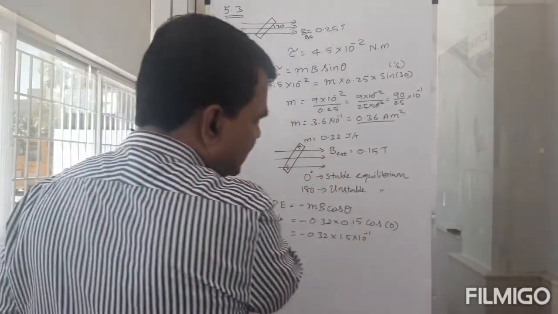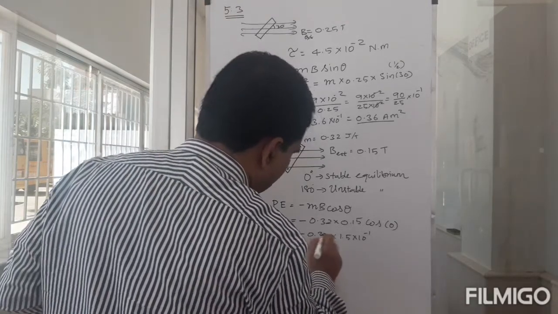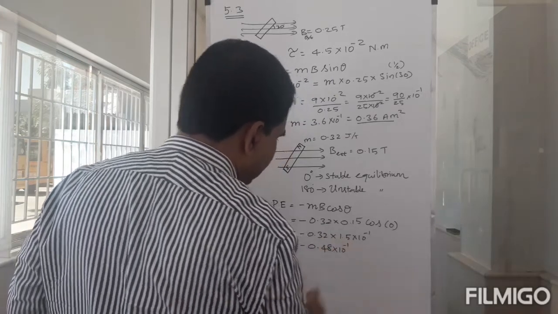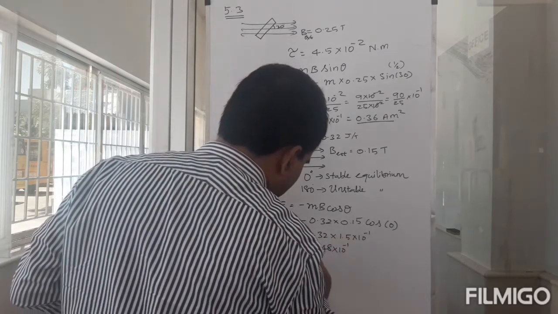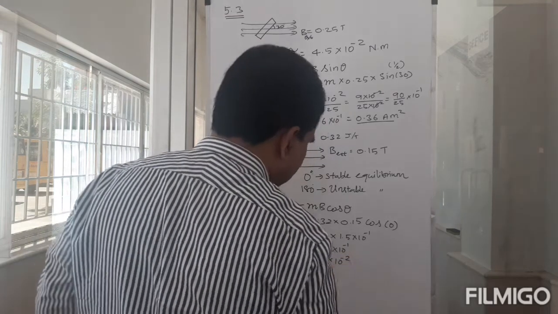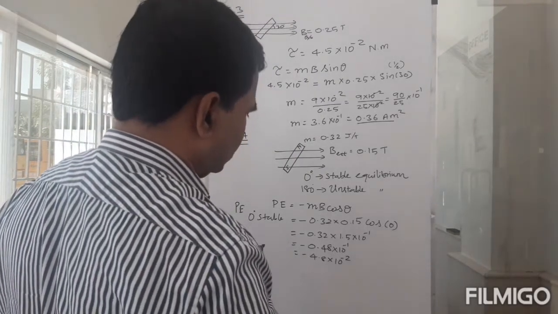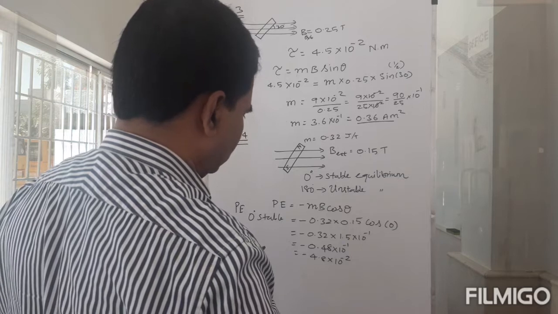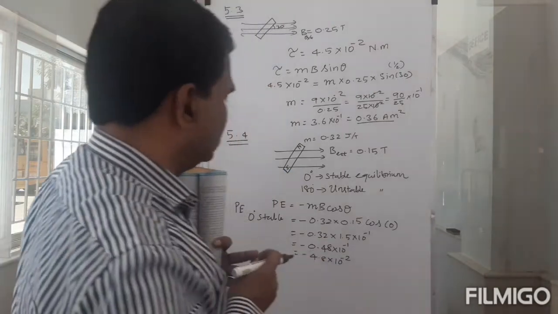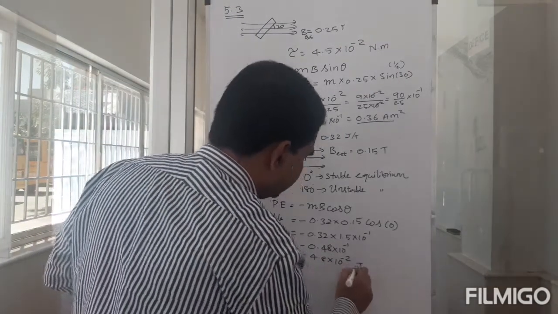So this will give me minus 0.48 into 10 power minus 1, or this will give me minus 4.8 into 10 power minus 2. So that's the potential energy in joules.